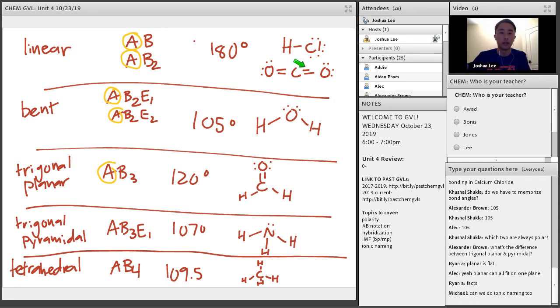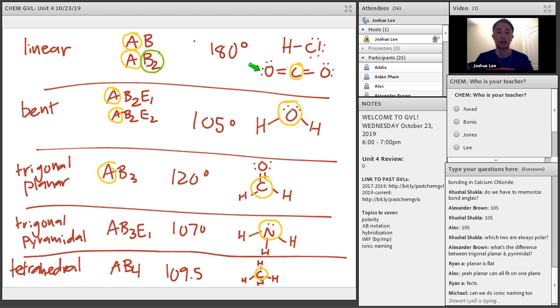So if you look at CO2, carbon is our A. Then our B's are bonded atoms to the center. So it's always talking about the central atom.